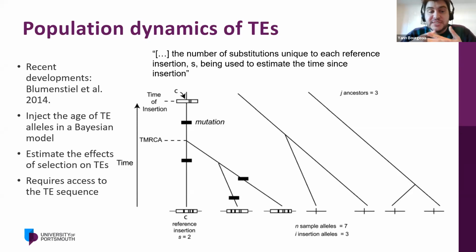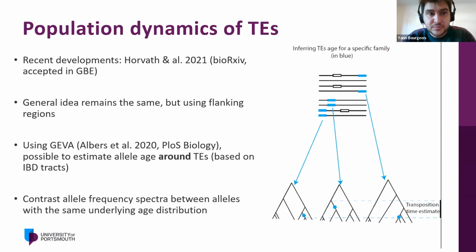This method requires access to the transposable element sequence, but it's quite an elegant method that tries to correct for this issue of recent transposition, for example, overestimating the effects of purifying selection on transposable elements.